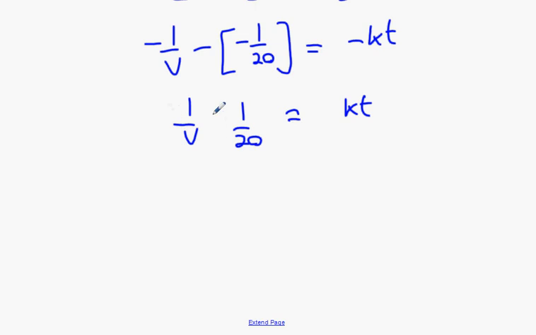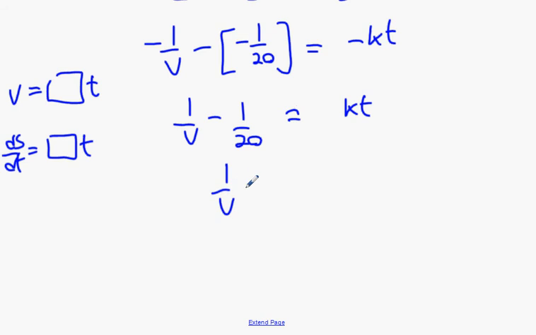Change that to a minus. Get v in terms of t, and then set that up for ds dt equals a formula with t in it. So you've got to get v on its own. Bring the 1 over 20 out the other side. kt plus 1 over 20. I'll give them a common denominator. 20kt over 20. Join the 20s together.